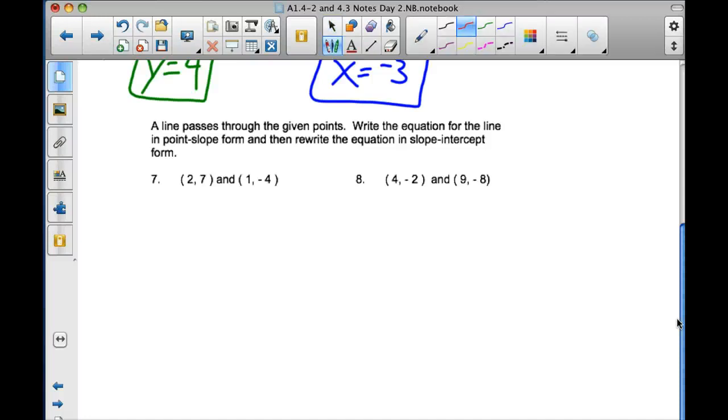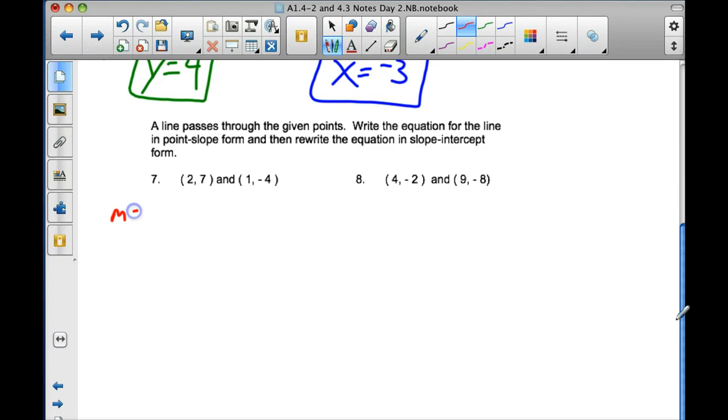We're going to do this in two different groups. This side's going to use the first point, and that side, you're going to use the 1 comma negative 4, because I want to prove to you that no matter what point you use, you get the same answer.